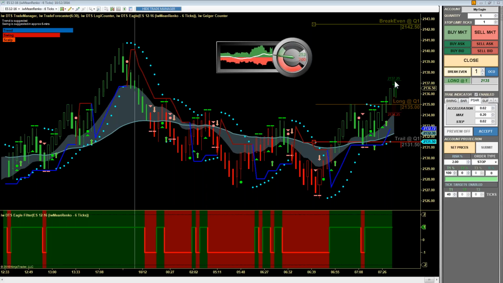All right, so as these bars continue higher, we're going to see the trade manager automatically pick up our stops and start to roll them. Wow, we're seeing a lot of selling pressure there. My goodness, they're trying to knock these guys back down.